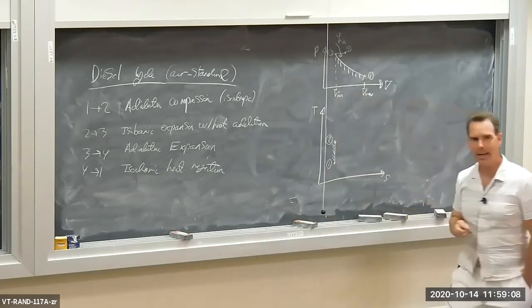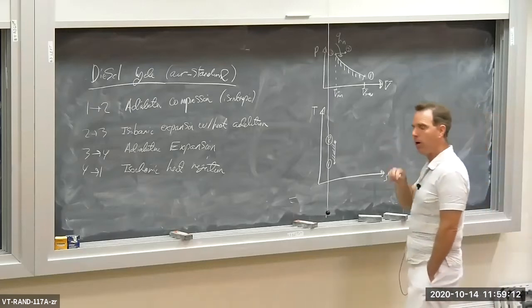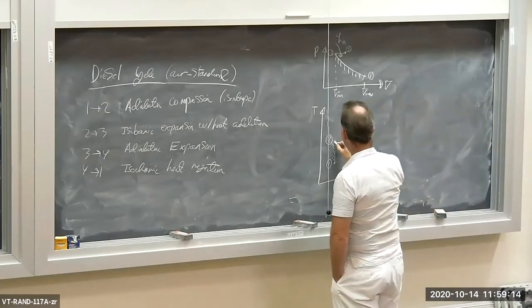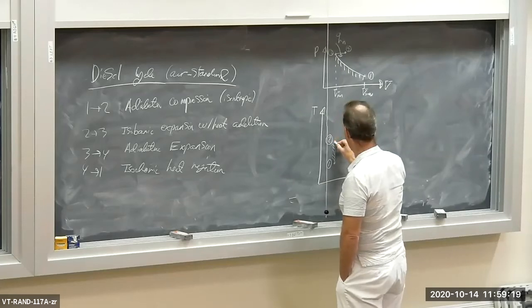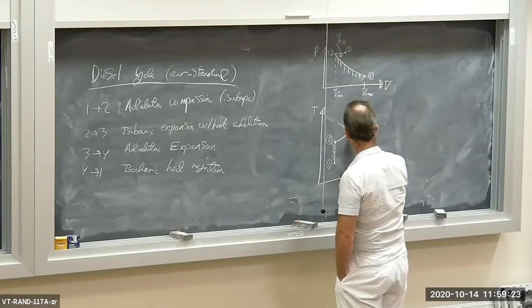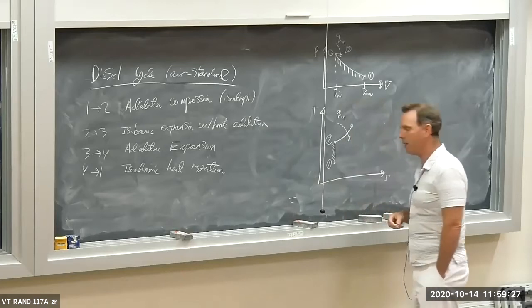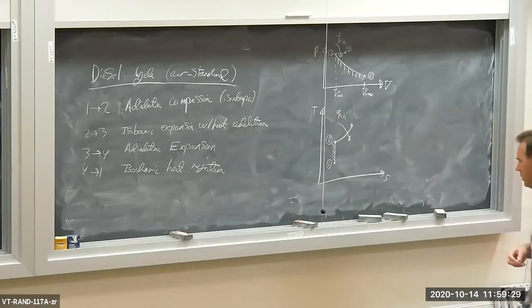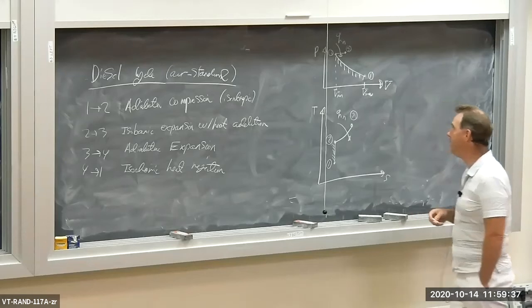We're adding heat isobarically, so that's a horizontal process on the PV diagram. Temperature goes up, and specific entropy goes up because we're adding heat. So delta S is positive from 2 to 3.